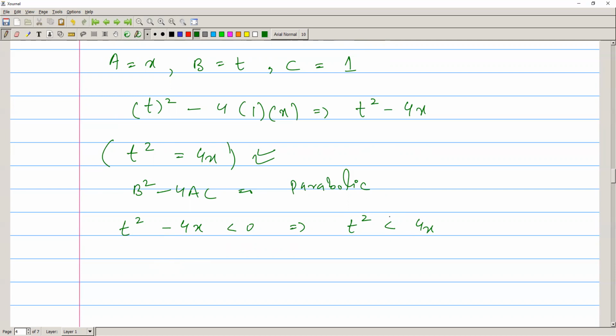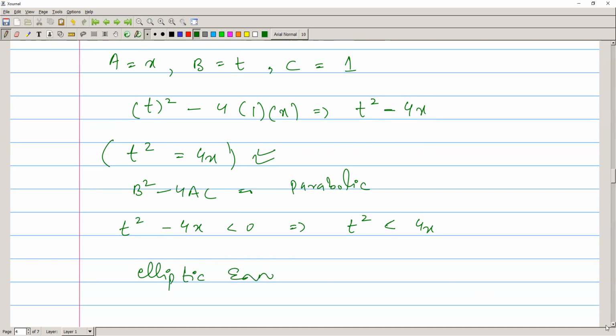Because the magnitude of 4x is bigger than this t squared, so it will be negative, and we can call it an elliptic equation.